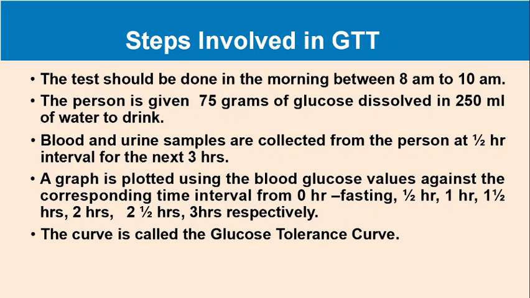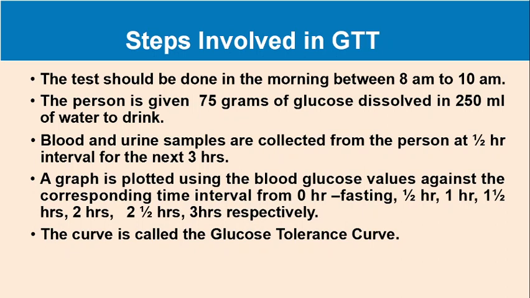From the graph we'll get a curve. That curve is said to be the glucose tolerance curve. With the help of this glucose tolerance curve, we can predict whether the person is having diabetes or not.